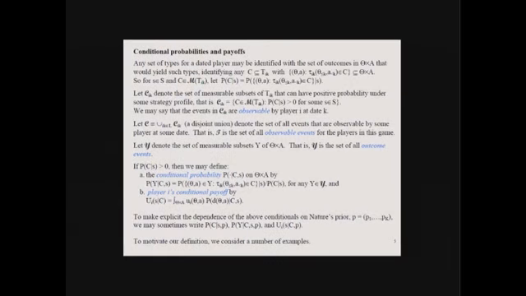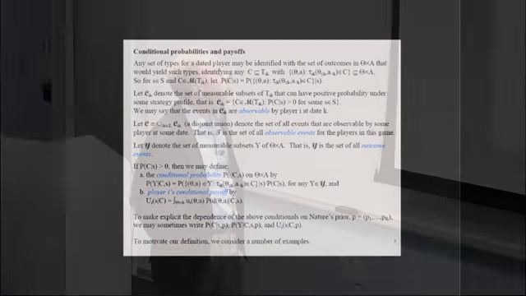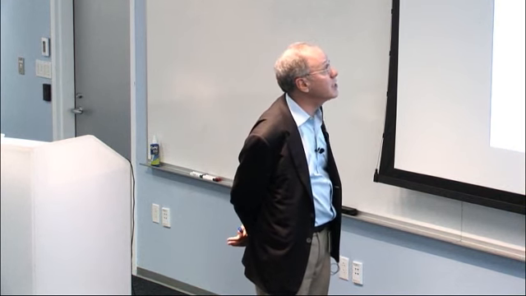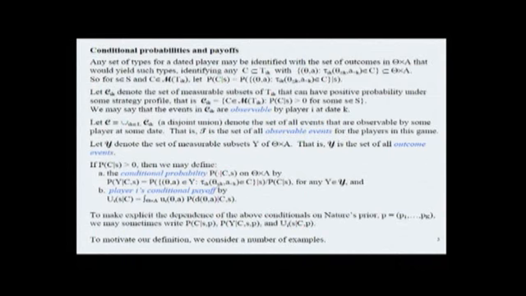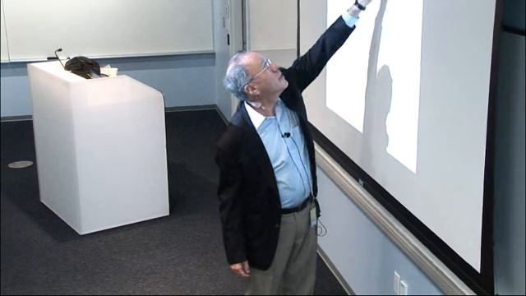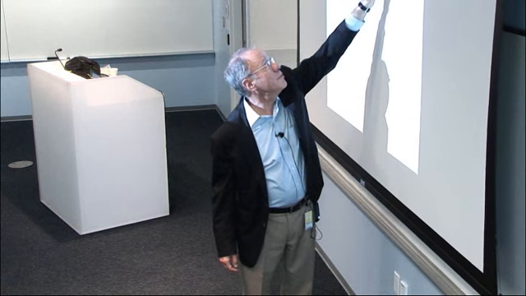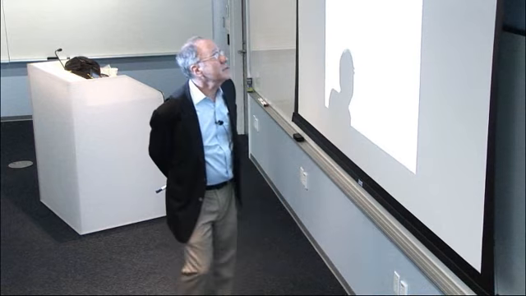Let's see what's important here. I want to talk about observable events. First of all, any set of types for any dated player, any player at any date, could be identified with a set of possible outcomes, or total histories of all actions and states in the game that would yield such types. There's this function, tau, that depends on the state up to and including, or maybe just before, date k.